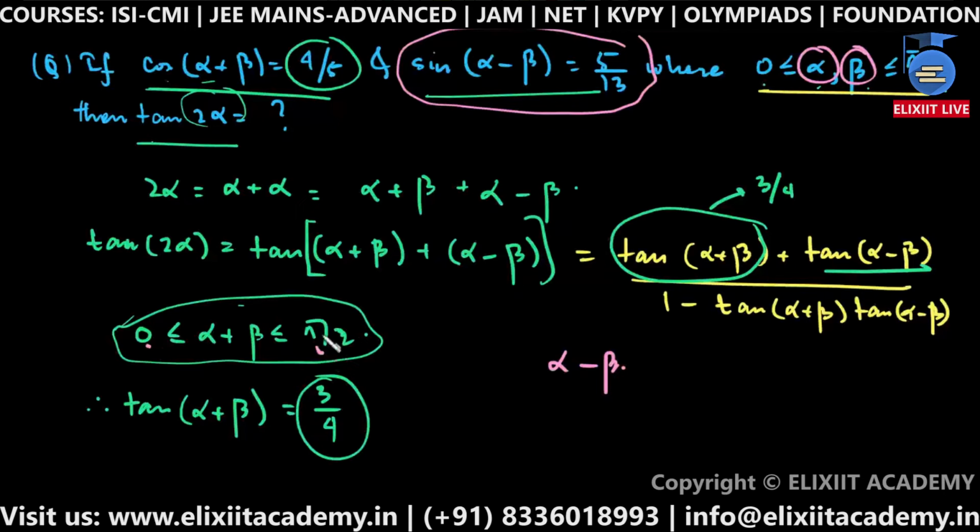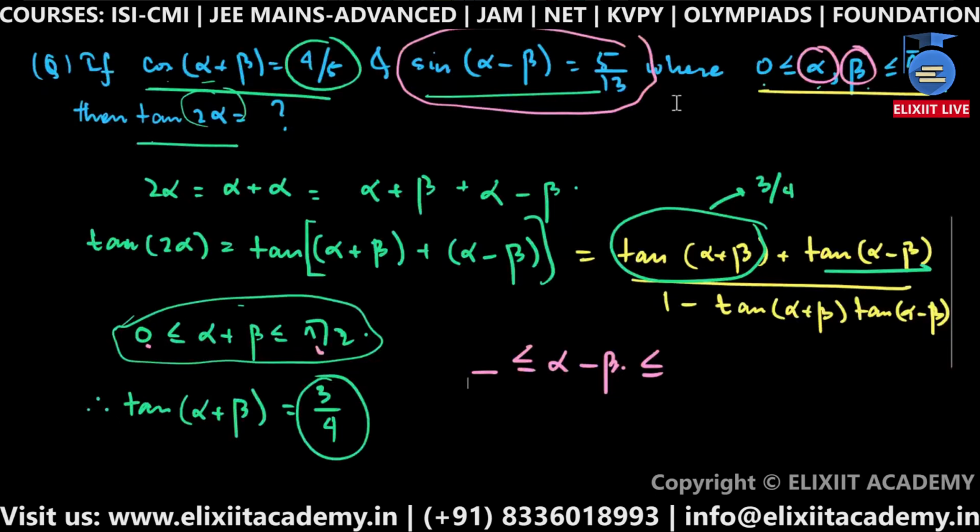But in this case, how will you find the minimum value? To get the minimum value of alpha minus beta, you have to make certain adjustments in this alpha minus beta.